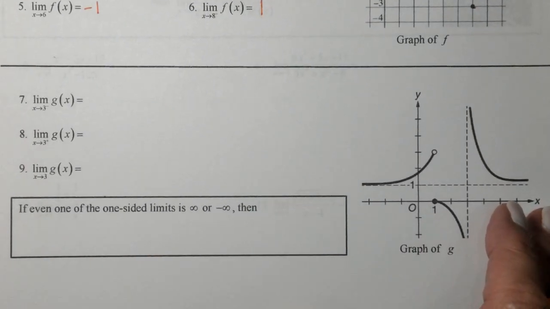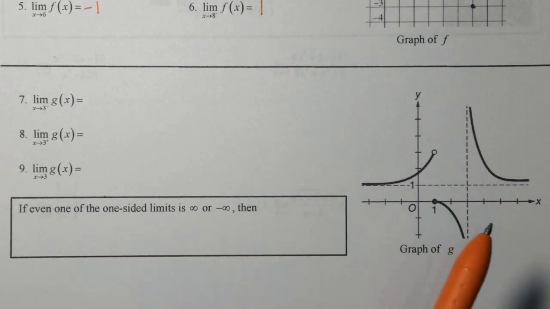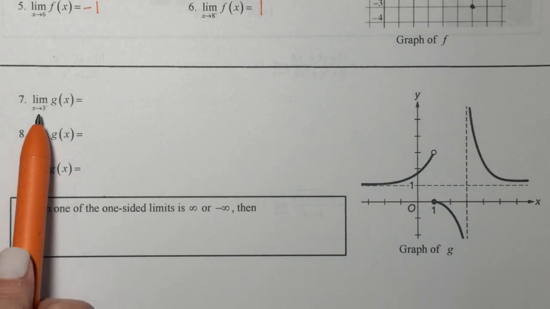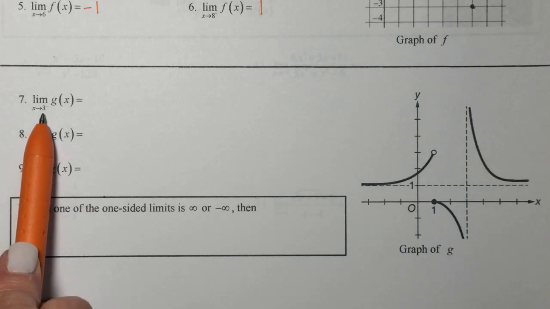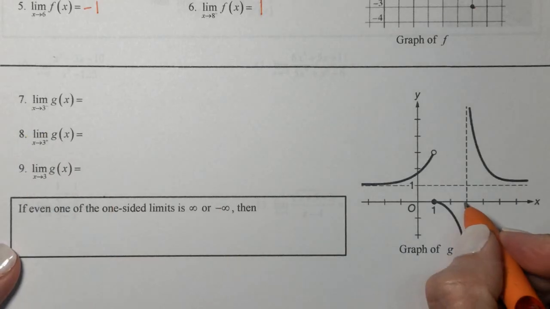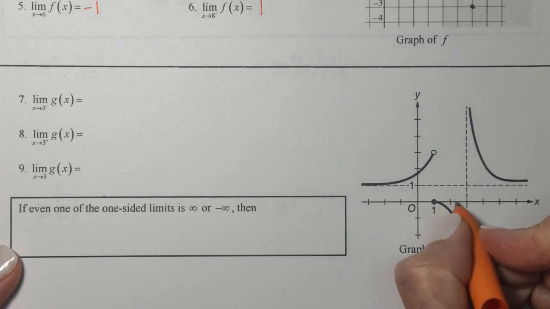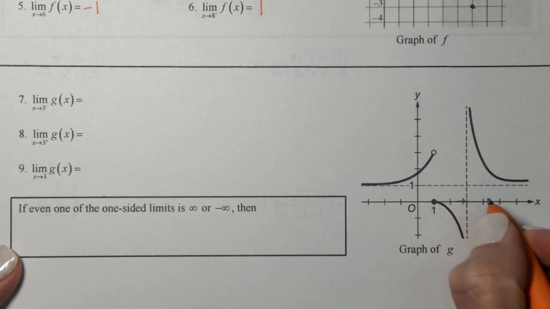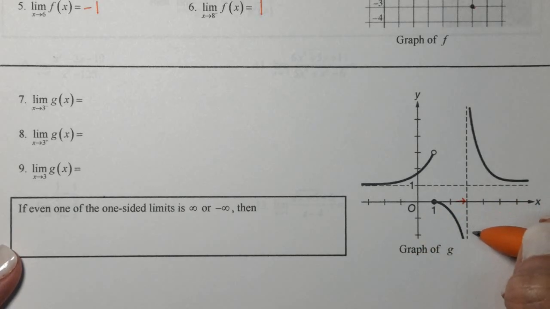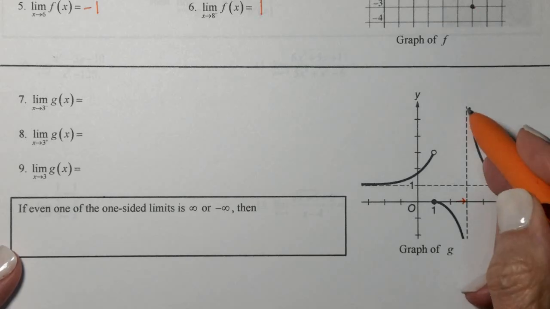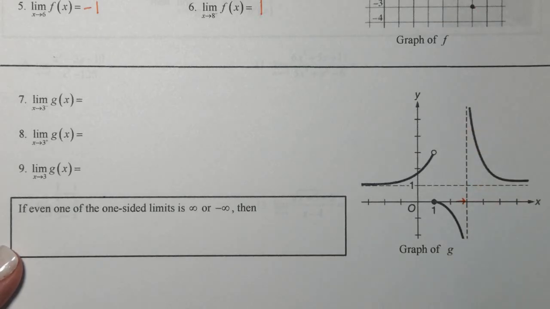Let's look at this one. New graph, graph of g. What is the limit as x approaches 3 from the left? Well, here's 3. If we're approaching 3 from the left, what does it appear that the function value is doing? This dashed line is indicative of a vertical asymptote.